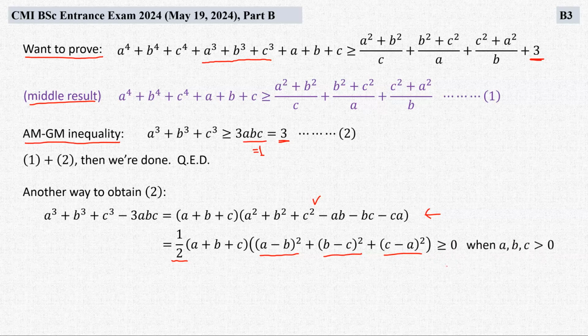This expression is non-negative when a, b, and c are positive. Therefore, we obtained a cubed plus b cubed plus c cubed is greater than or equal to 3abc, hence 3. So this concludes problem B3, and let's move on to problem B4.